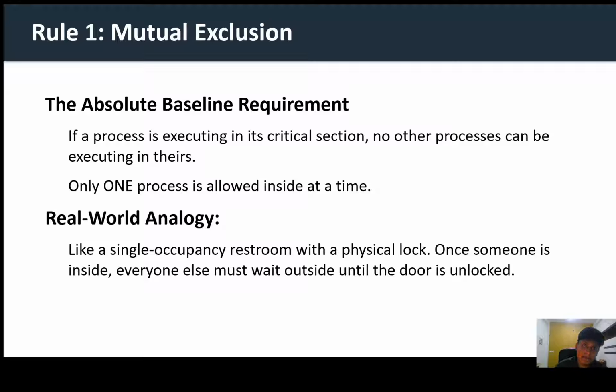And if process B is in the critical section, then process A cannot make changes in file 1. It's simple, right? So it kind of kills the race condition. What's the real world analogy? Like a single occupancy restroom with a physical lock. Once someone is inside, everyone else must wait outside until the door is unlocked, right?